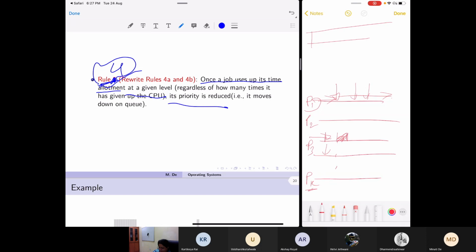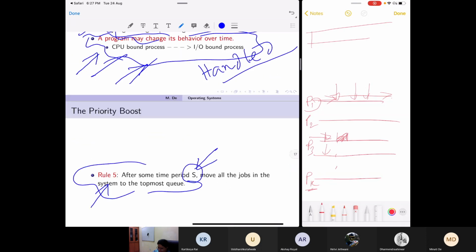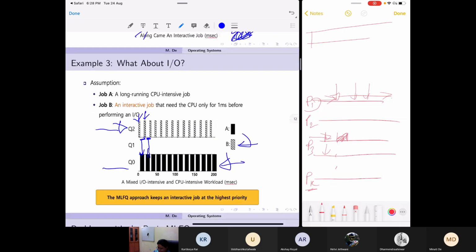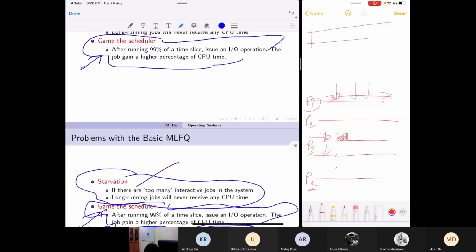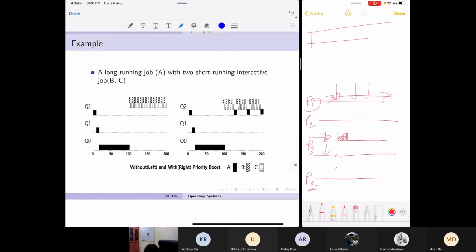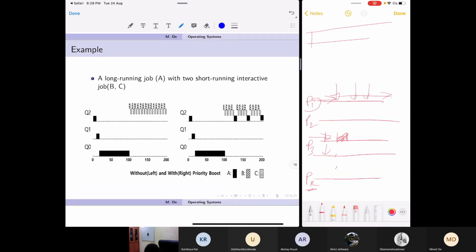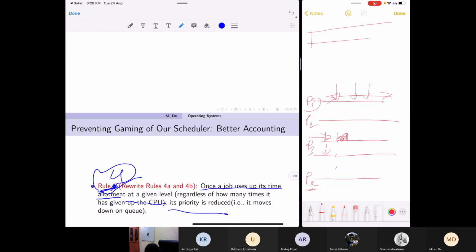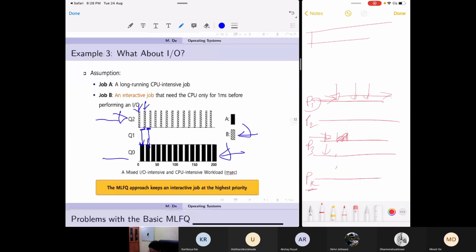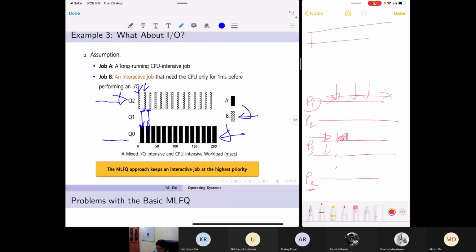For example, if you see the previous picture, the picture is something like this. If you see here, this job, maybe the time slice was just bigger than this amount, so it has not utilized that time slice.